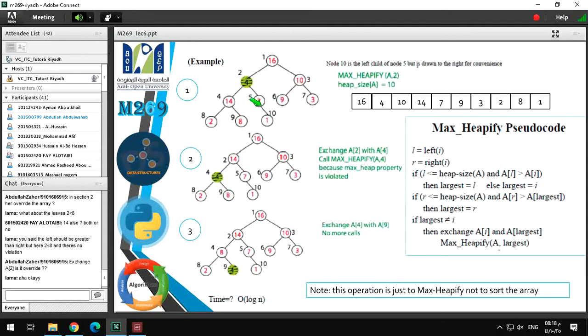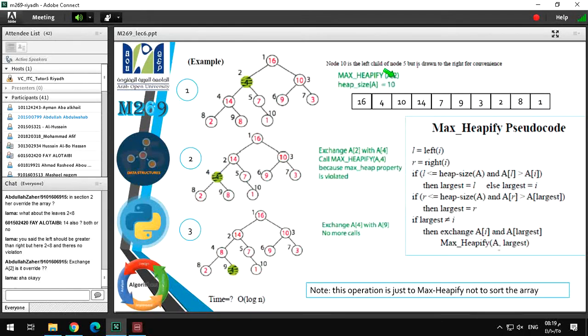Okay, now let's see how it works, how the max-heapify will correct the error. Now the error is that 4 is smaller than both 14 and 7. Now what to do? We call the function max-heapify A2. The array is A at index number 2.